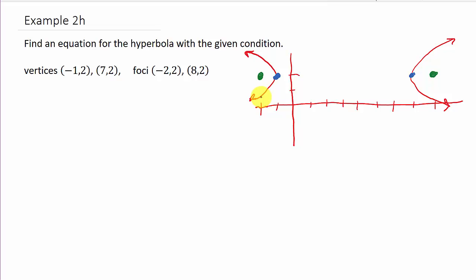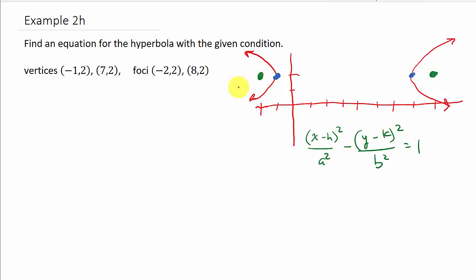Now we know that our hyperbola is not centered at the origin, it's shifted. So that tells us that the equation is going to be in the form x minus h squared over a squared minus y minus k squared over b squared equals 1.